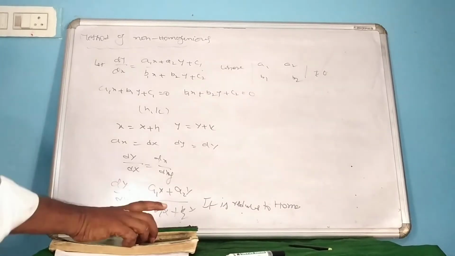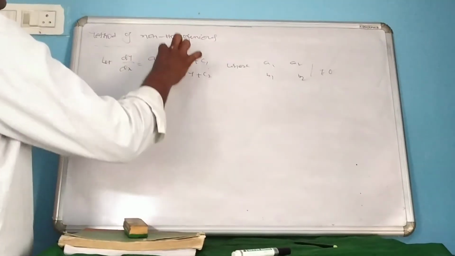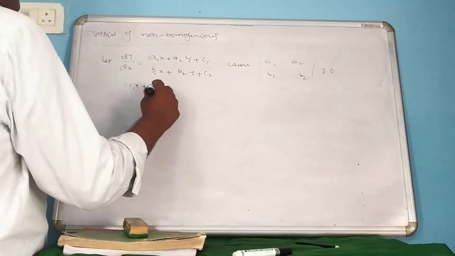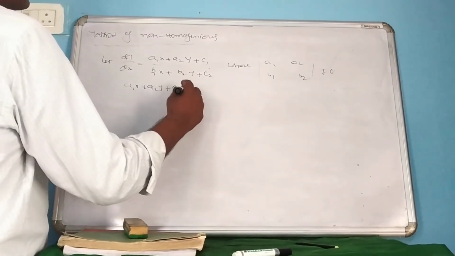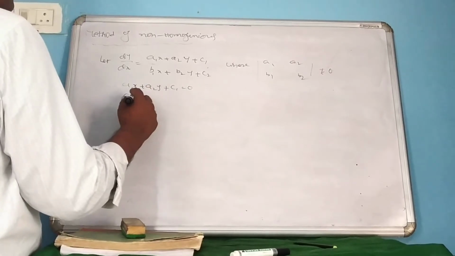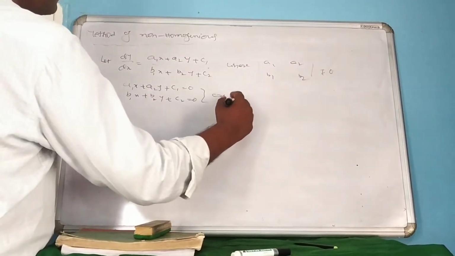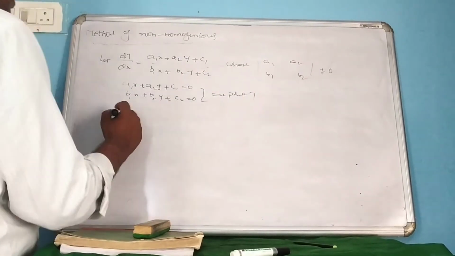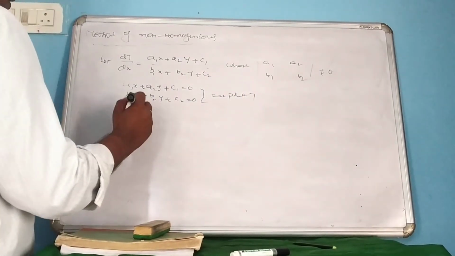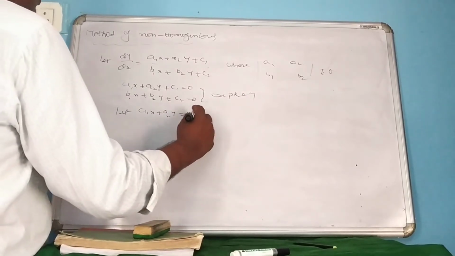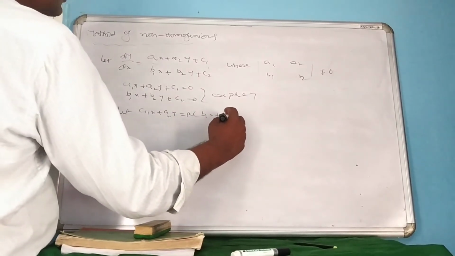What is that second case? These two lines are parallel. Suppose a1x plus a2y plus c1 is equal to 0 and b1x plus b2y plus c2 are parallel. That means a1x plus a2y is equal to k into b1x plus b2y.